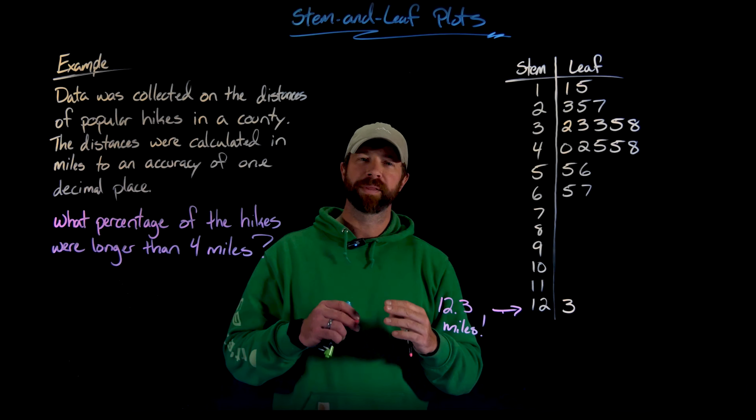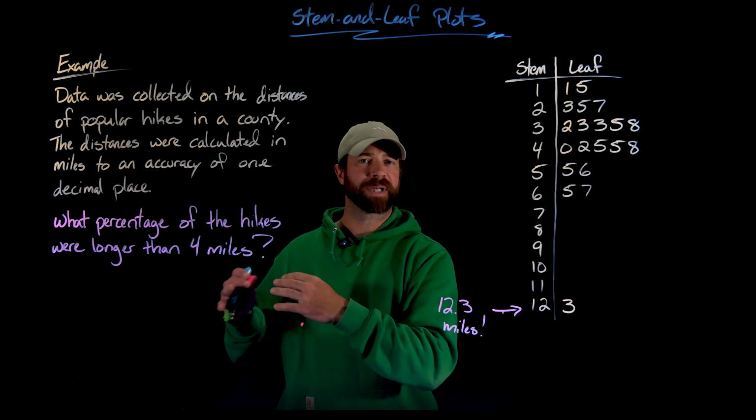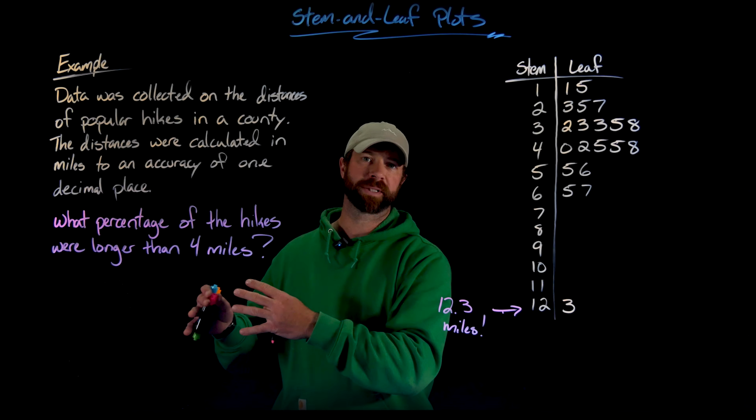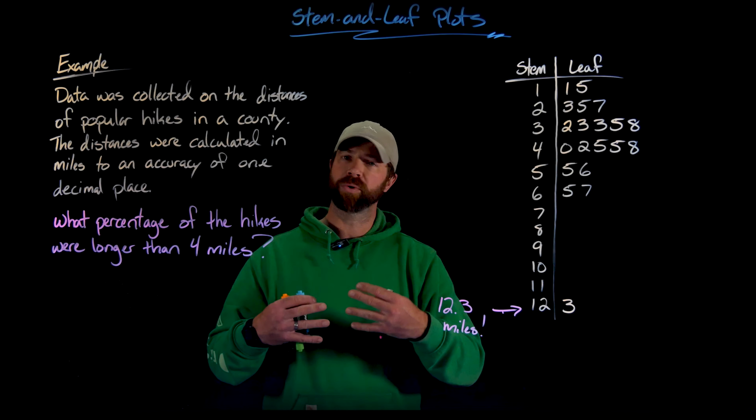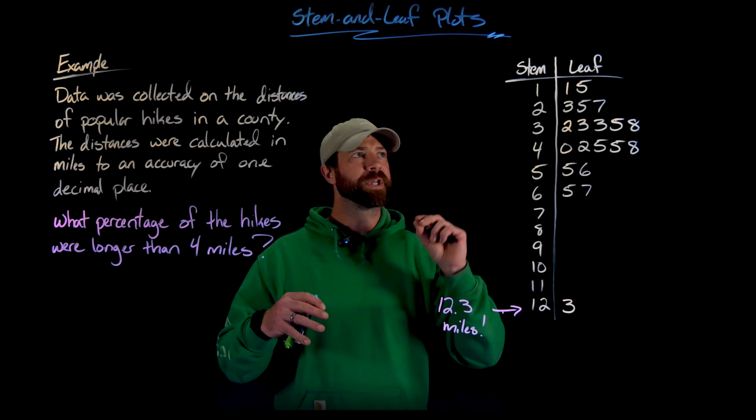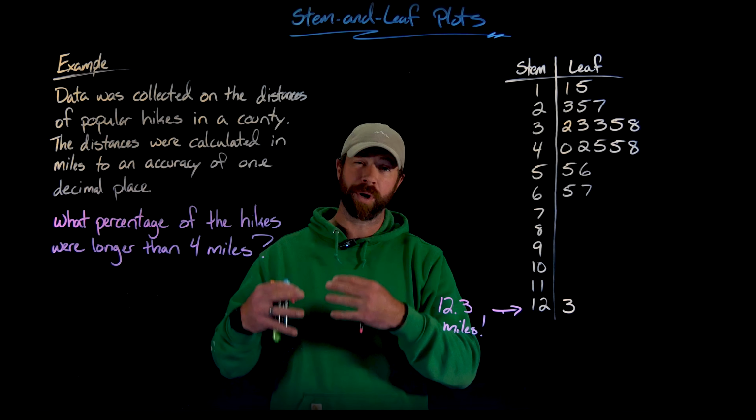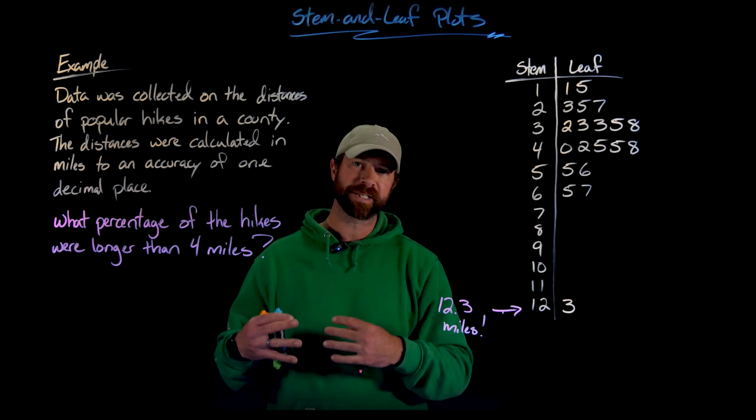Again, this is a little bit different than the last example. In the last example, we had discrete quantitative data, so we had whole numbers with no decimal places. We can do that same work if we have quantitative data that's continuous, where we have decimal places.